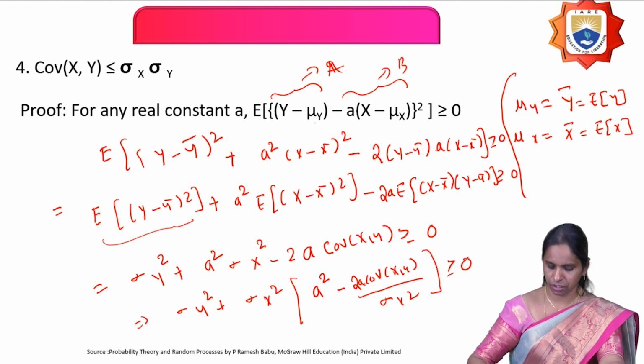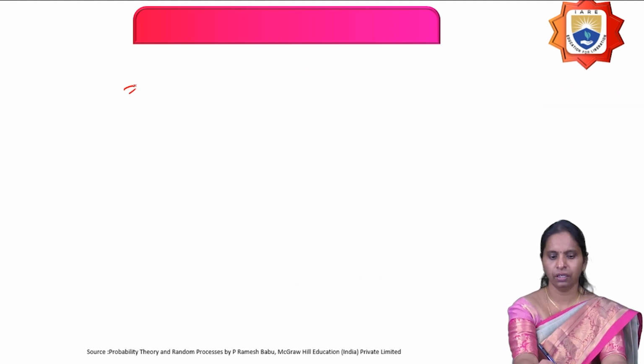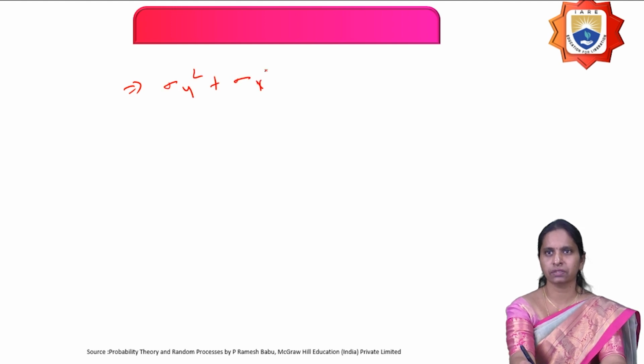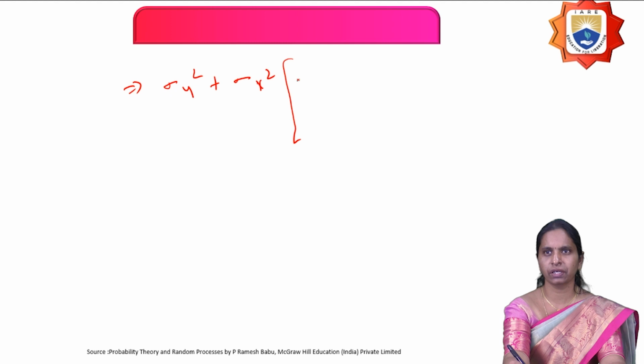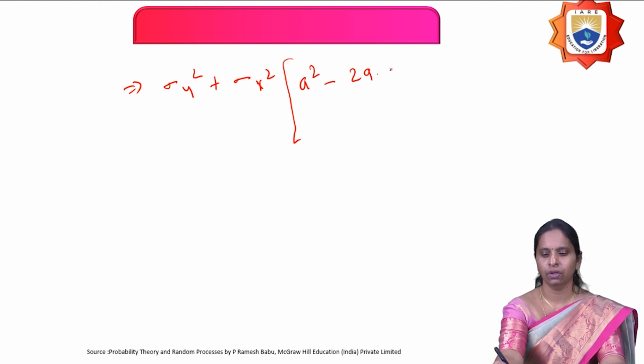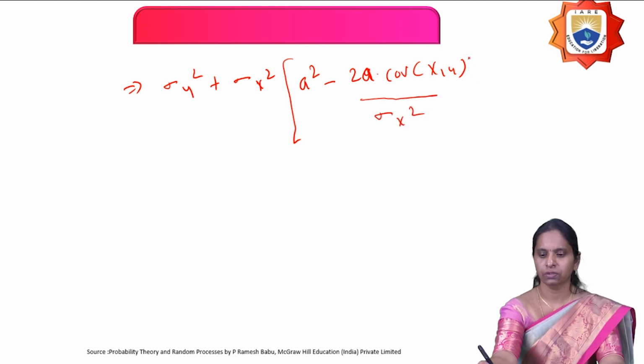So greater than or equal to 0. So what did you get here? Sigma y square plus, if you take sigma x square common, what is the expression we got? A square minus 2a into covariance of x comma y by sigma x square. So this value is greater than or equal to 0.